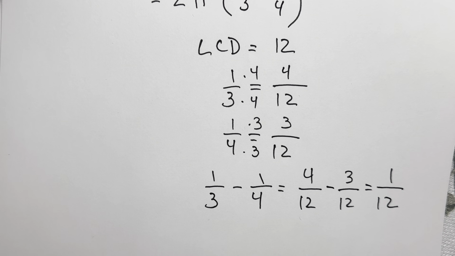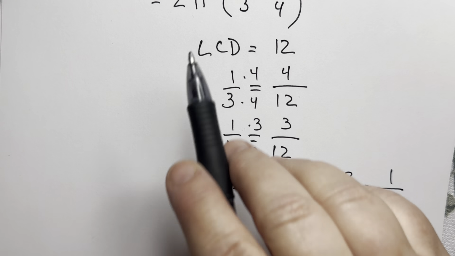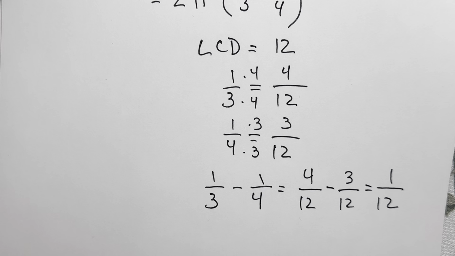And hopefully you are asking yourself, does this work if instead of 3 and 4, I use 2 and 3, or I had 4 and 5? And the answer is yes.